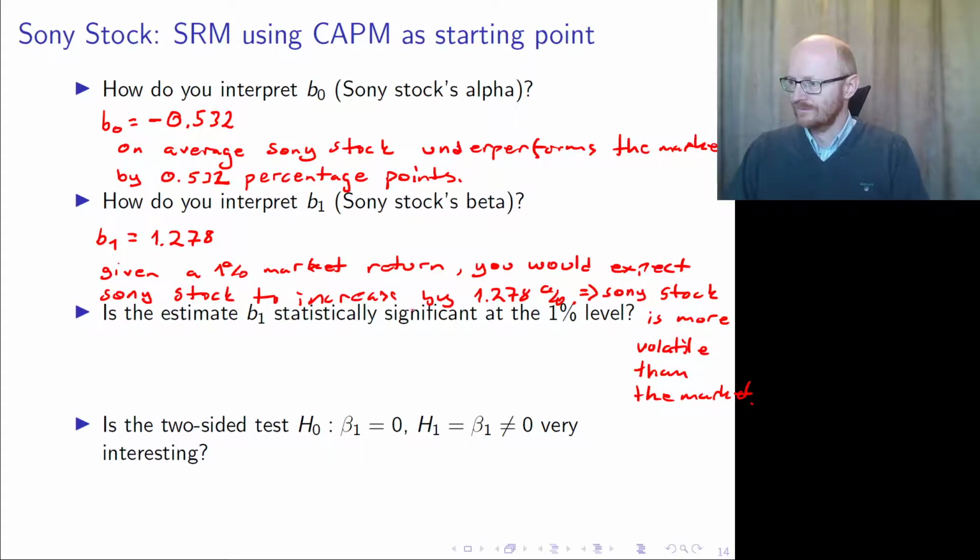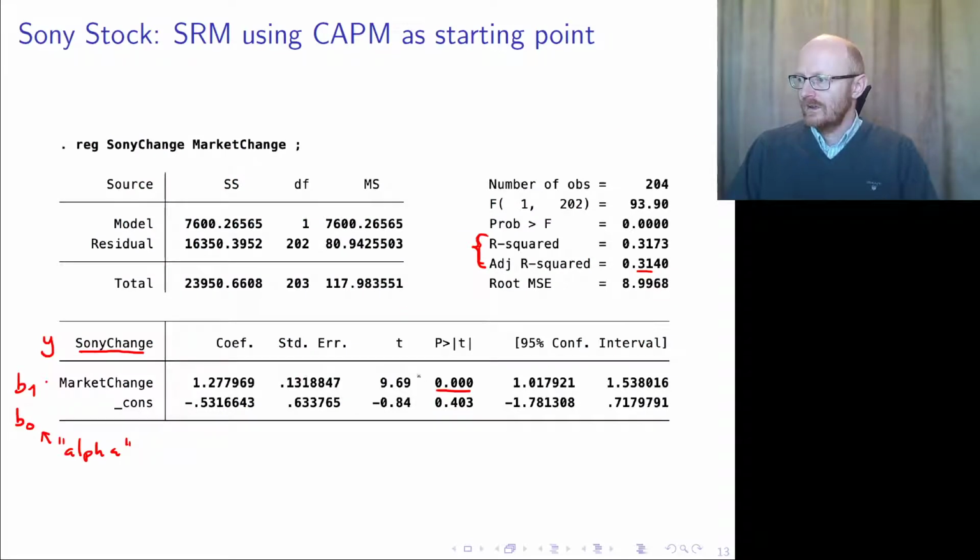Okay, let's see. So the t value is 9.69, and the p value is very close to 0.